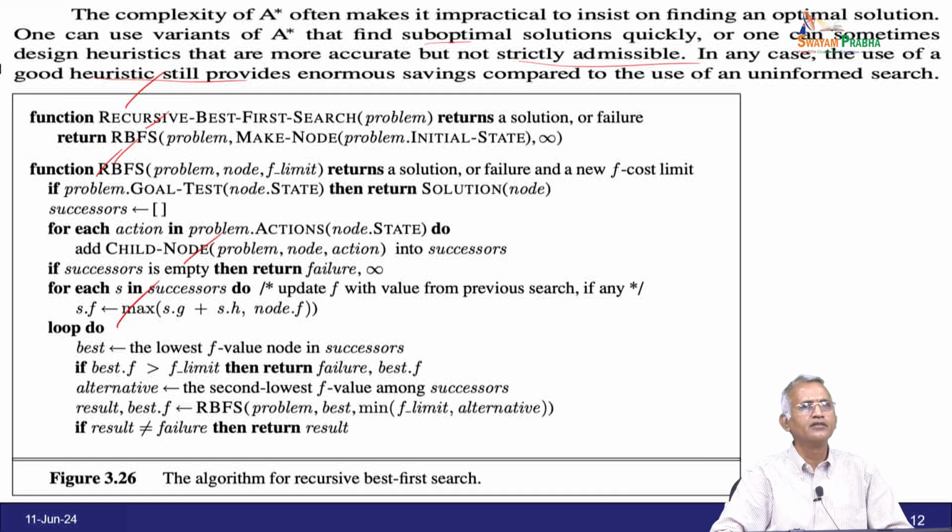Alternative is the second lowest f value among successors. Result, best.f is RBFS of the problem, comma, best, comma, minimum of f_limit and alternative. If result is not equal to failure, then return result. So, this is the algorithm for the recursive best first search.